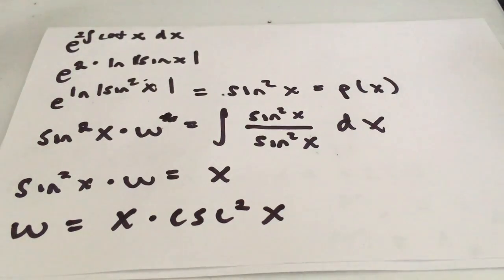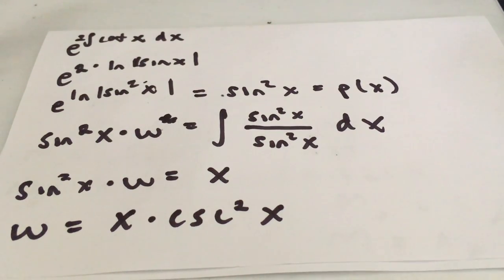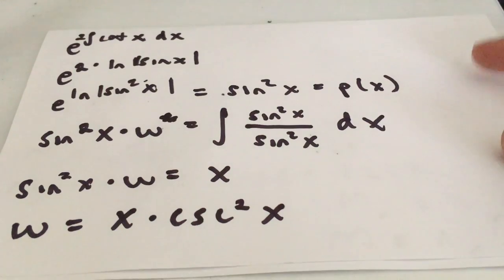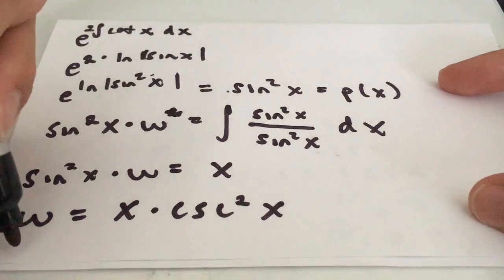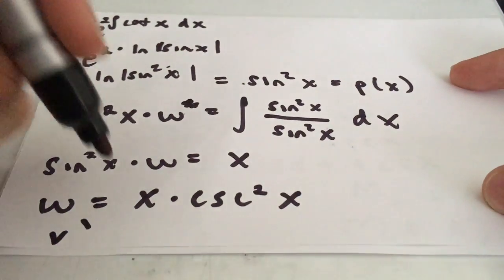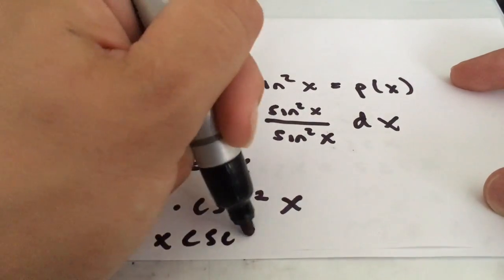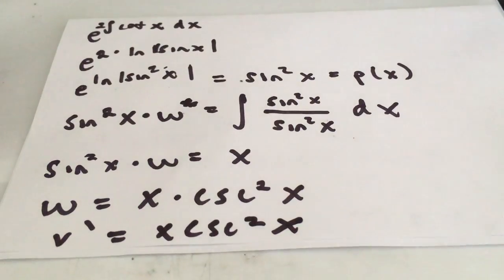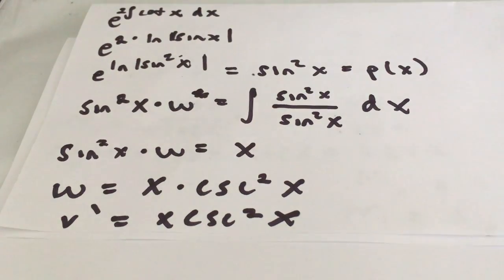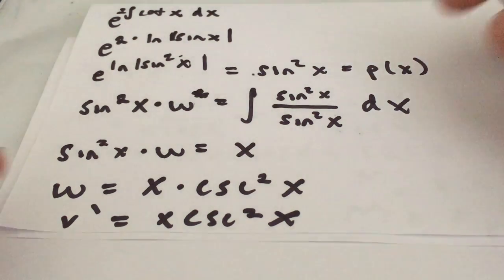Now, we haven't made much headway because we still have w, and we need to convert this into v. And w equals v prime, so we could say v prime equals x cosecant squared x. Now, in order to find v, it looks like we need to do integration by parts. So we'll try that out.